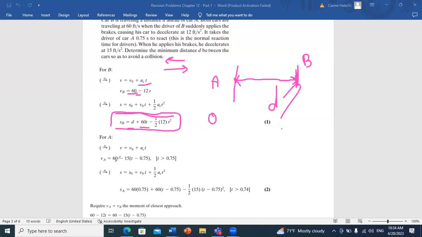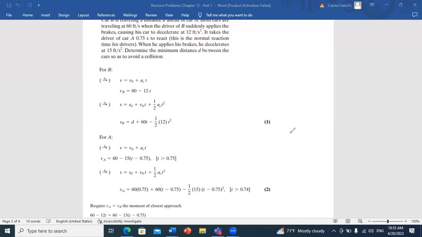We should write an equation for the velocity variation for t larger than 0.75 seconds. How is the velocity affected? The velocity becomes V0 plus AC times T. But you have to notice that the time T here of deceleration is not the same time as for B, because A started decelerating after B. What is the time difference? 0.75 seconds. So we can say that the deceleration equation will start after 0.75 seconds.